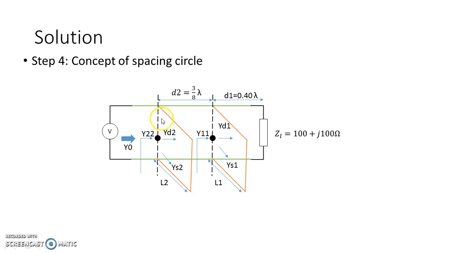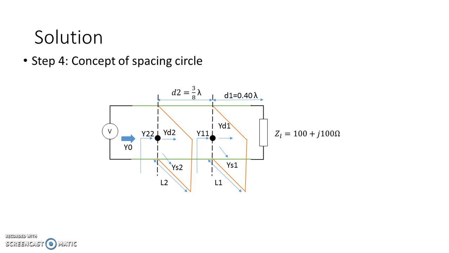That means the real part of Y22 should be 1. This demands that the real part of YD2 should also be equal to 1. For the real part of YD2 to be 1, the real part of Y11 should also be equal to 1. That means Y11 should be on a unit circle.